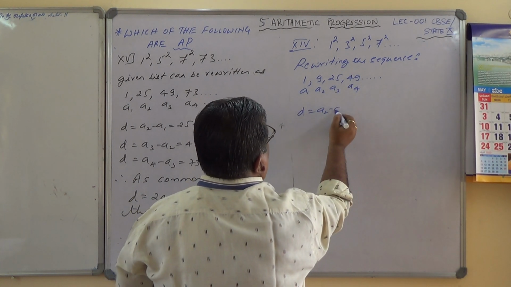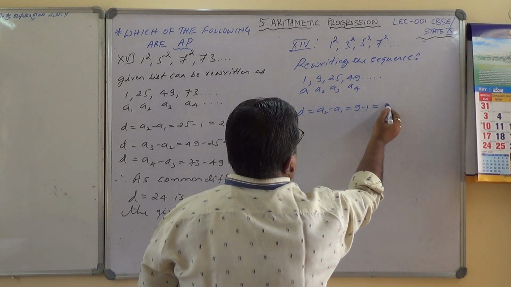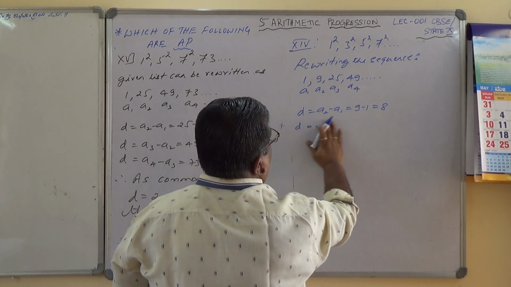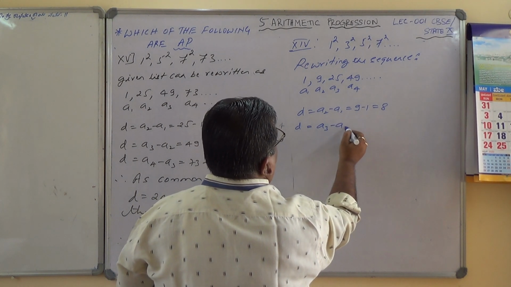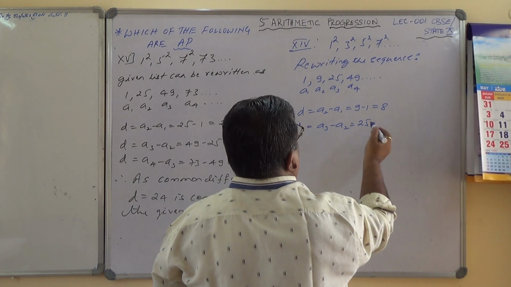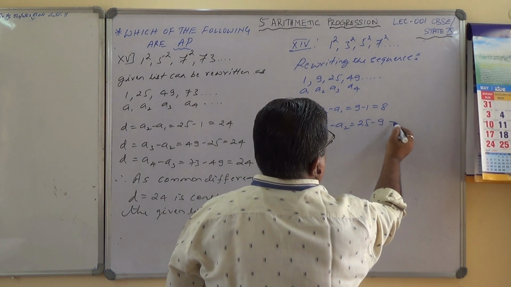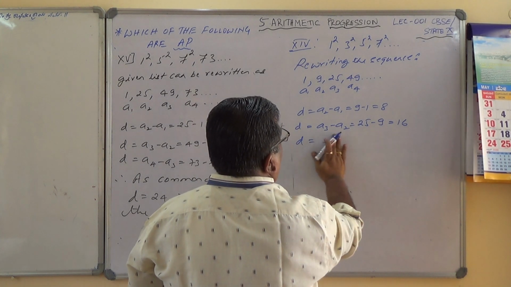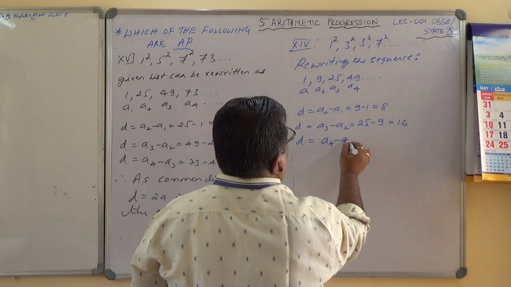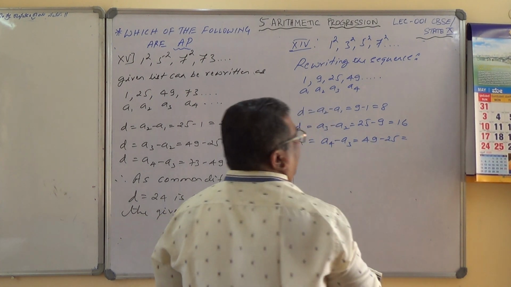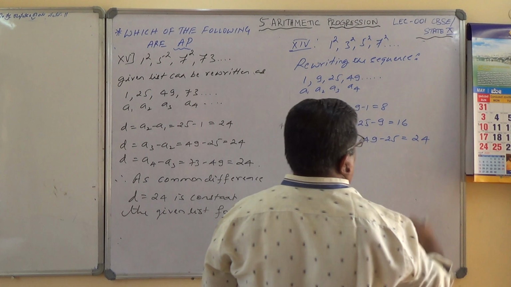D equals a2 minus a1, which is 9 minus 1 equals 8, and also D equals a3 minus a2, which is 25 minus 9, that is 16, and a4 minus a3, which is 49 minus 25 equals 24.